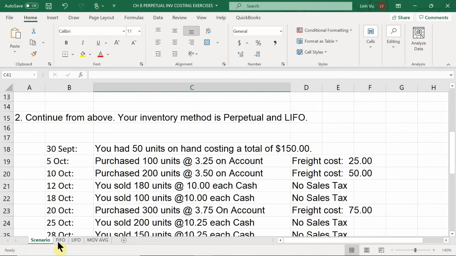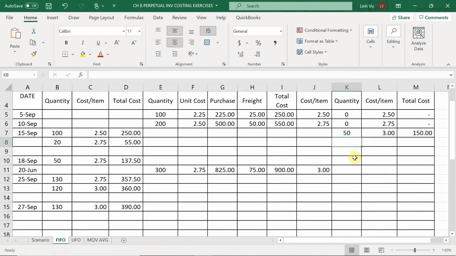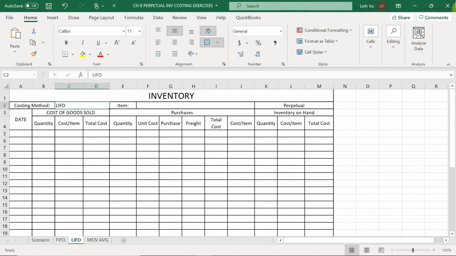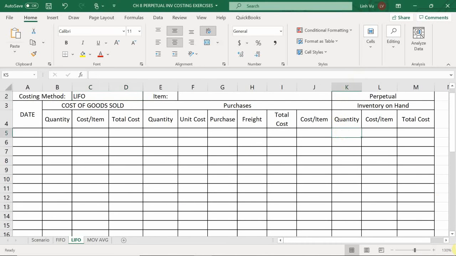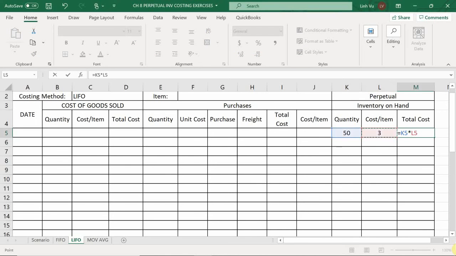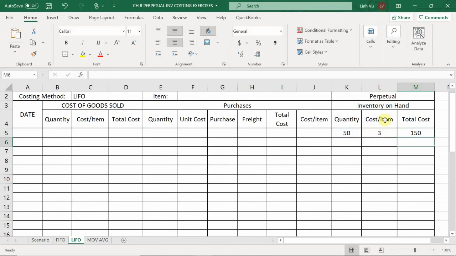That's what we had in the previous section. That was our inventory on hand. So we've got to carry that amount over into our new inventory worksheet for LIFO this time. I'm going to carry over my 50 items at $3, which should give you a total of 150.